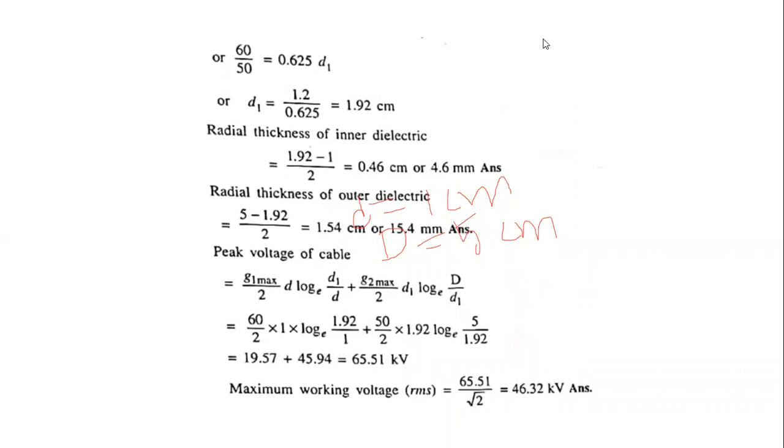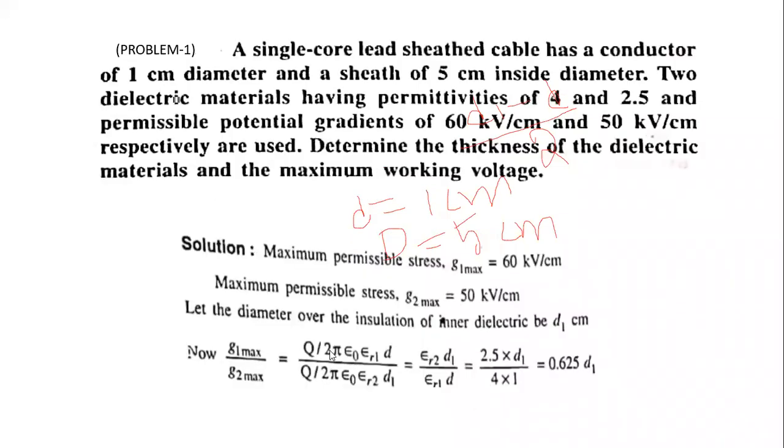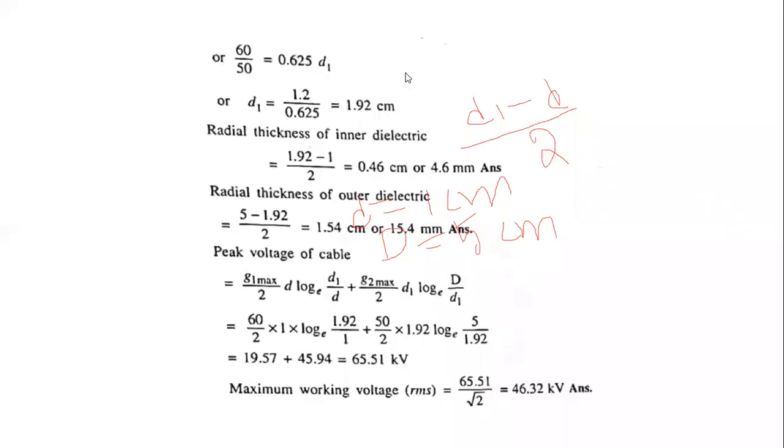The formula is D1 minus d by 2, where D1 is the diameter of the dielectric, equal to 1.92, and small d is 1 centimeter.